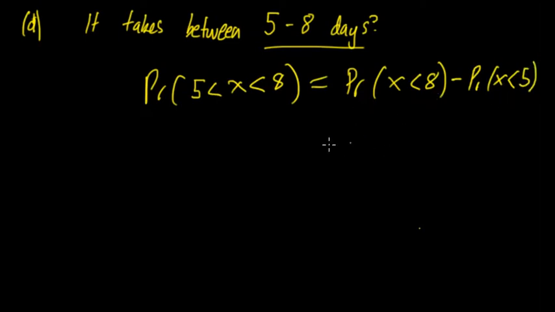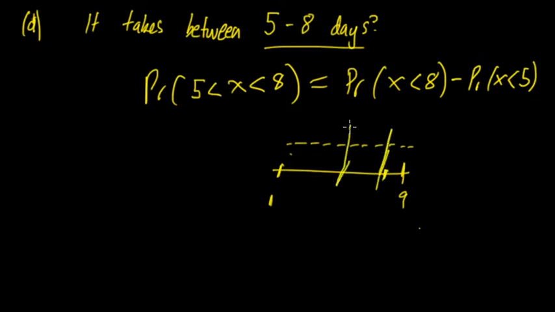So if you can just draw this, and you can imagine here you have sort of 9, and then down here you have 1. And obviously we're not drawing the actual graph, but just so we can visualize what we're doing here. Now we want to find between 8 and 5. So what we can do is we can find the probability of x is less than 8. So that's all that area here.